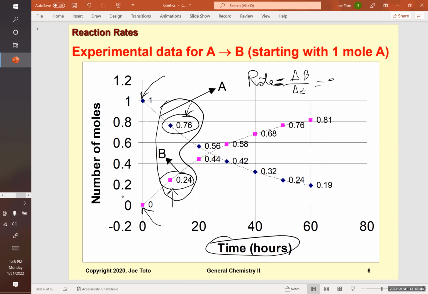That equals minus the change in A over the change in time, which for that first point would be 0.24 over that time period, which is about 10 seconds, if you look here.